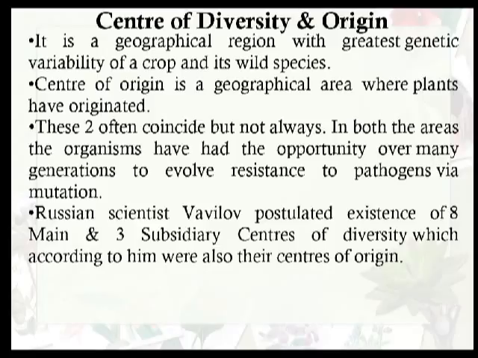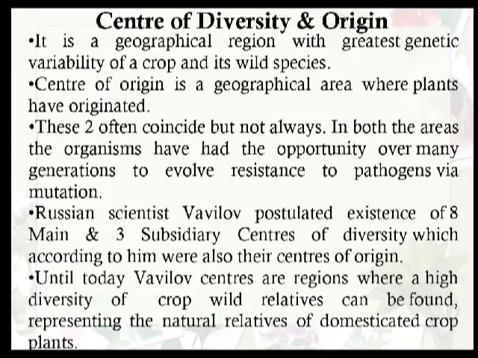And as per Vavilov, these centers of diversity were also their centers of origin. So, as per Vavilov, both of these coincided. And for most of the centers that Vavilov had postulated, even today we can find very high diversity in these areas.